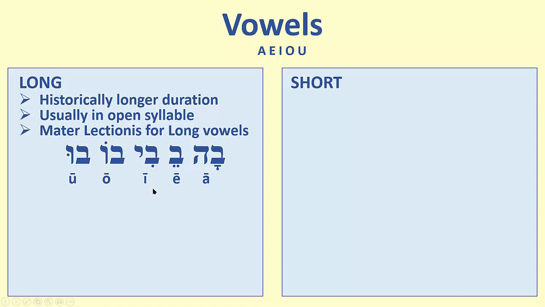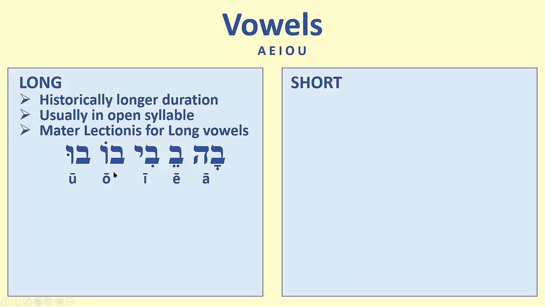The next long vowel is chirik malay, or chirik yod. Chirik, when it shows up with yod, is a long vowel. When it doesn't show up with a yod, it could actually be a short vowel, so it's important to make that distinction. So this would be pronounced V, or if it had a weak dagesh here, it would be B.